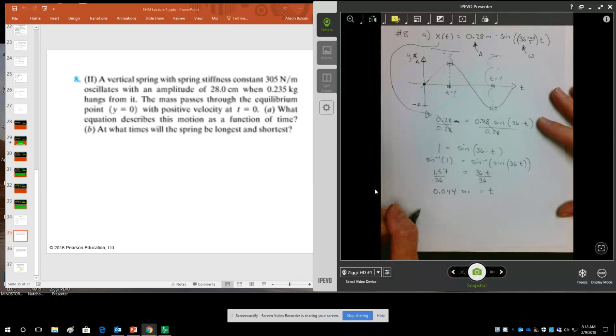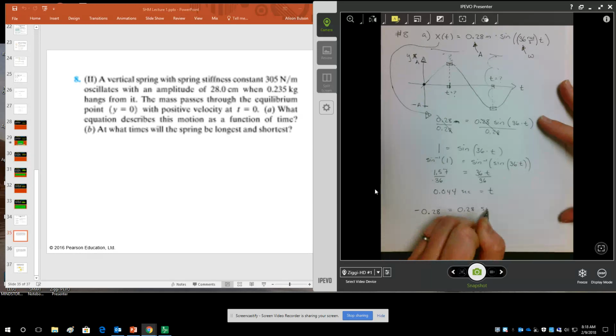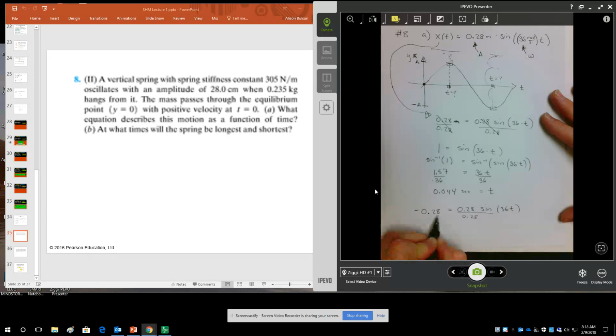For the longest point, the spring is going to be at negative 0.28 meters, right? So it's at its negative amplitude, and that's equal to 0.28 sine of 36t. Same process, divide by 0.28 on both sides. The difference here is that now I have negative 1 is equal to sine of 36t.